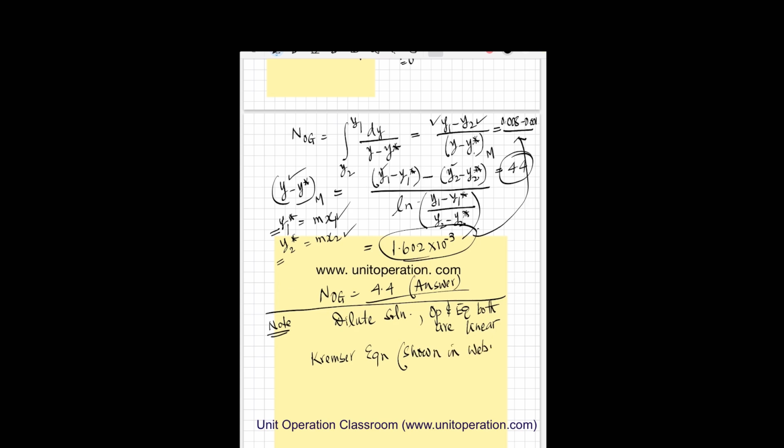NOG comes out to be equal to 4.4. This is normally used for staged operations like trays, etc. The method above is used for packed beds.